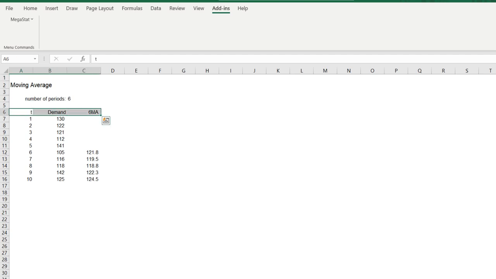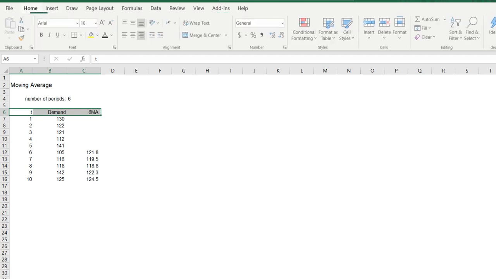And there you go. That's what I had in my note. And of course you can highlight it. There you go. Now here's something that's important. The way your book does things, and most books, and the way Megastat does things are different. For a six period moving average, 1, 2, 3, 4, 5.